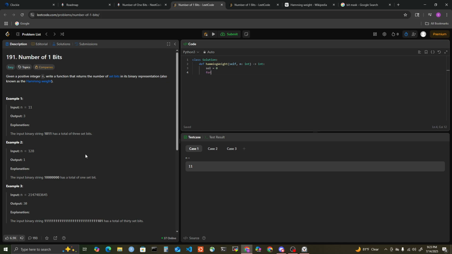I'm gonna say while n does not equal 0, if n mod 2 is equal to 1, then solution plus equals 1, and n minus 1, and then I'm going to say n divided by equals 2, and then return solution. See if that works.